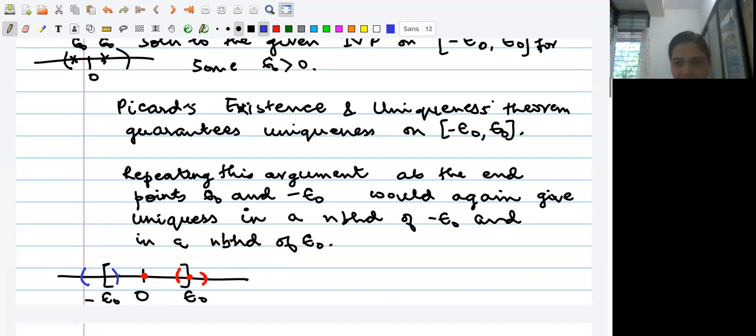So at epsilon naught you do this, right? And now you come here, and at this point also you can do the same argument again. I'm just applying the existence and uniqueness theorem repeatedly, making sure that the hypothesis of the theorem is satisfied each time I apply it. This is very rigorous.